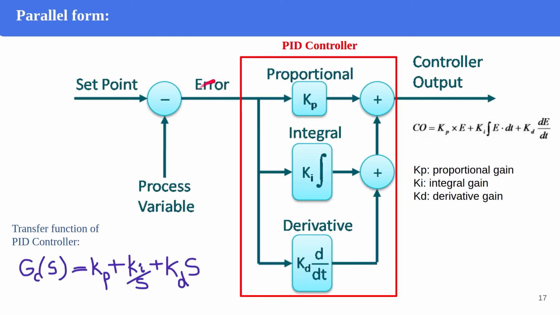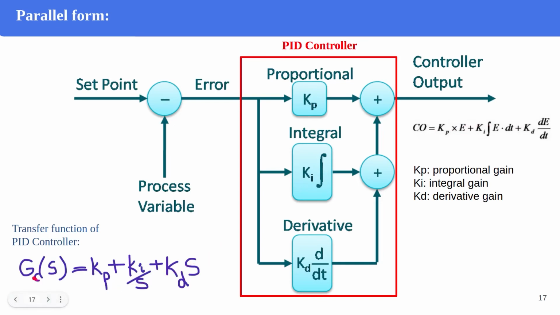This error is fed into the PID controller, which consists of the three terms, the proportional, integral, and derivative, in parallel. So the output of this controller is the sum of these three terms.